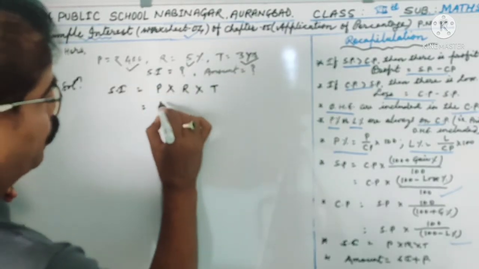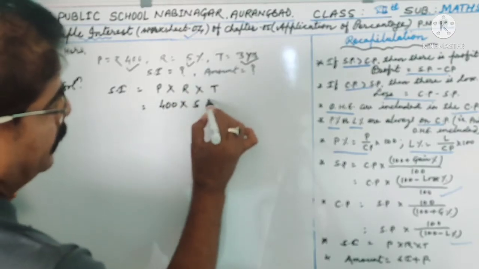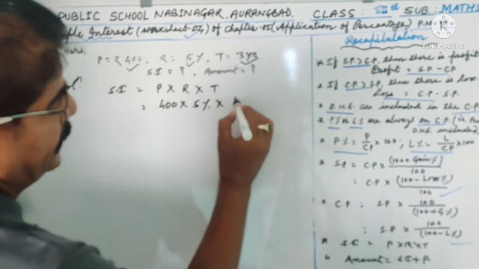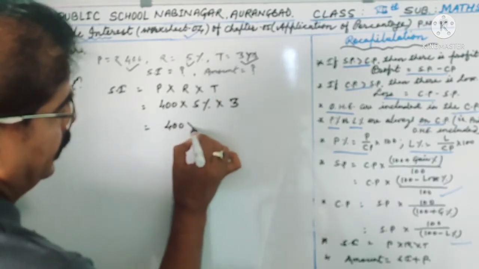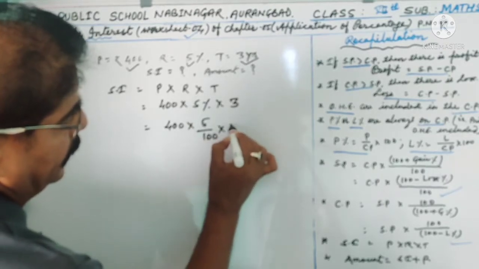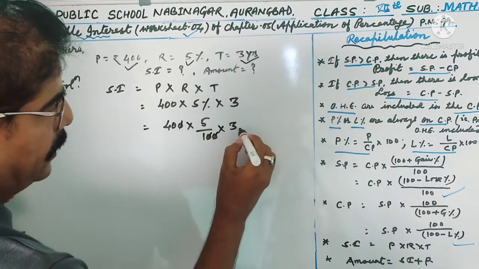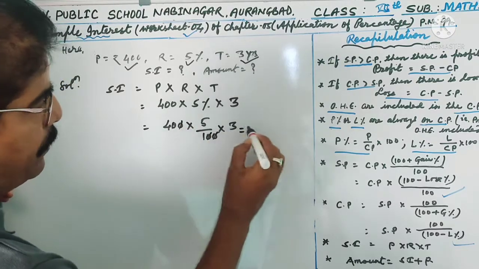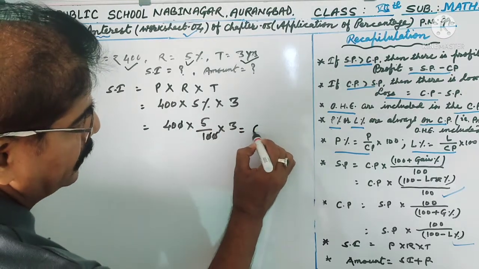So P is 400, rate 5% and T is 3 years. So 400 into 5 by 100 into 3. 20 cancels, you get 4 into 5 into 3. So 4 fives are 20, 20 threes are 60.